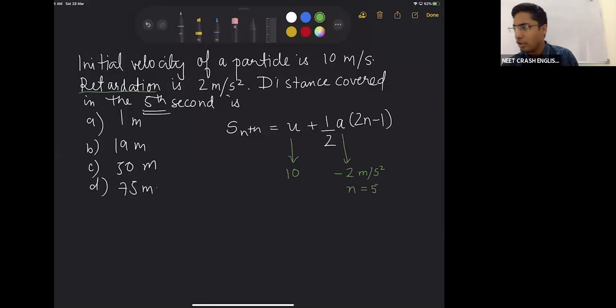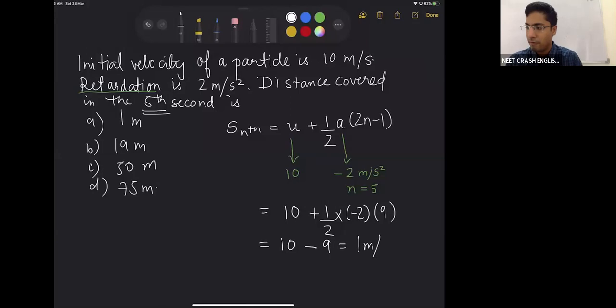So we are just going to use this. Sn is 10 plus half into minus 2 into 2 into 5 minus 1, which is 9. So this is 10 minus 9, which is 1 meter. So the correct answer is A, 1 meter.